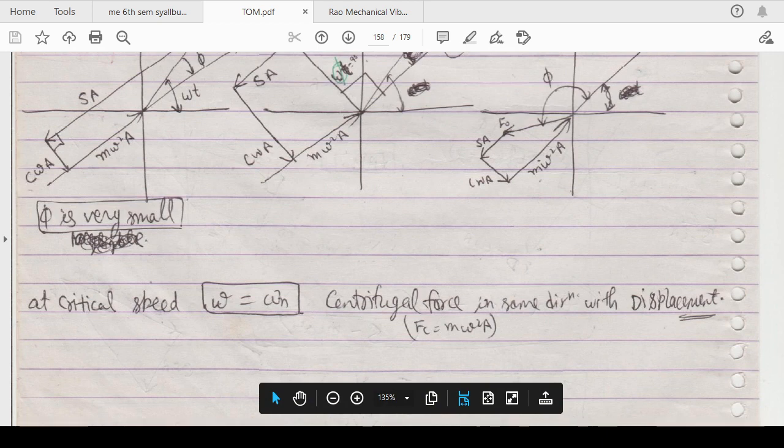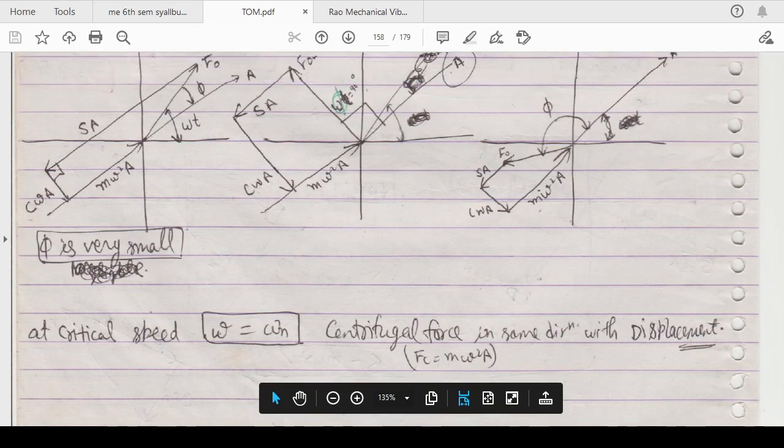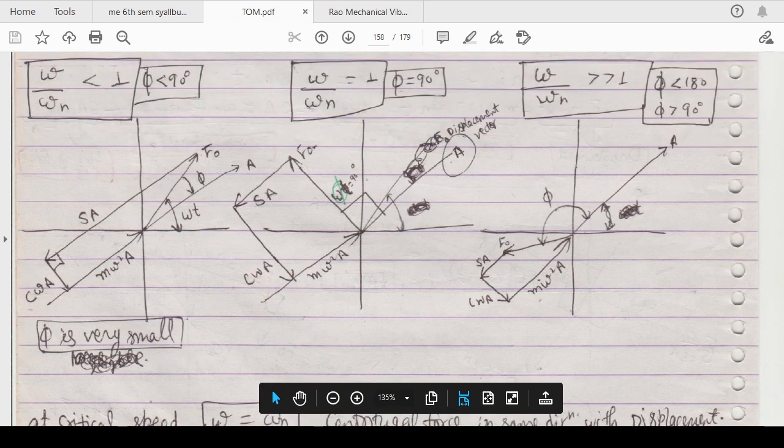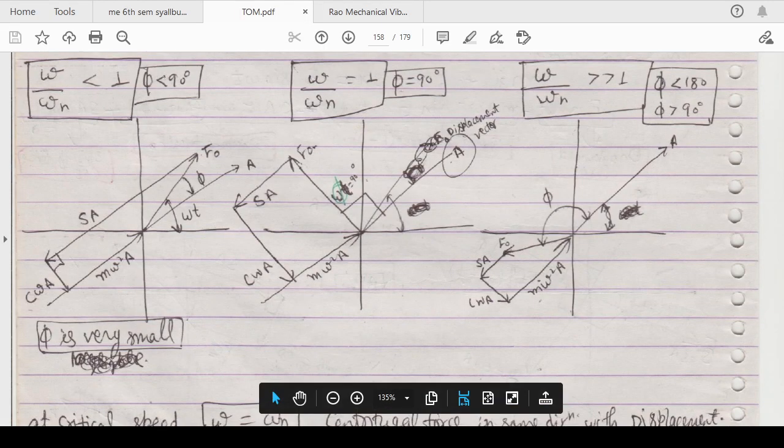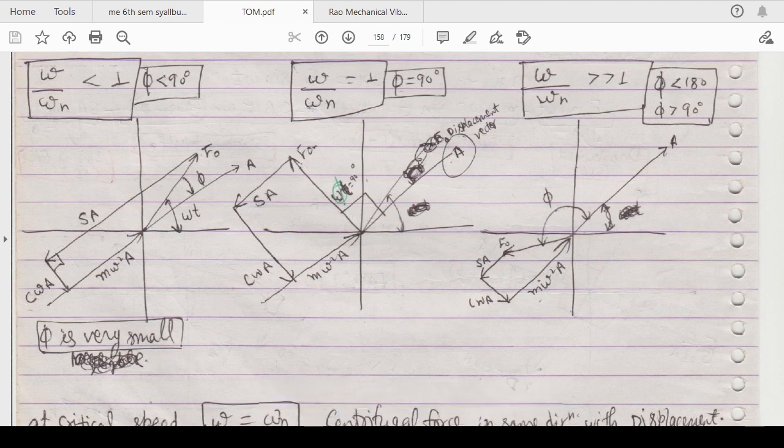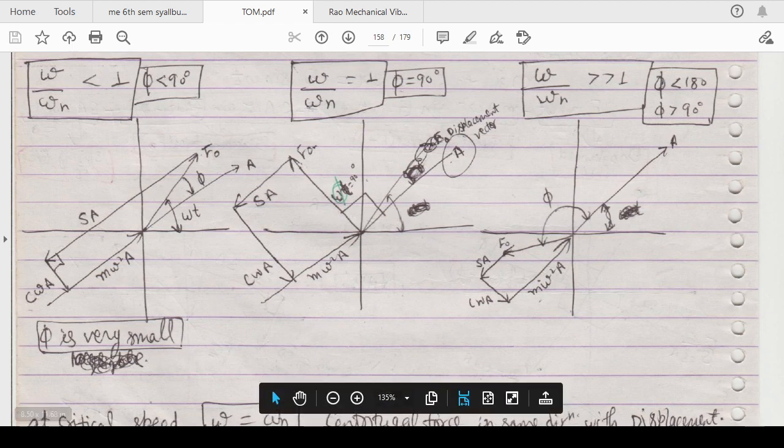You can conclude the same thing when you go to those plots. When omega by omega n is less than 1, phi is less than 90, and phi is very small.